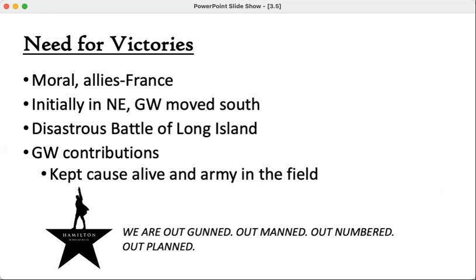He is leaving Massachusetts and heading towards New York and New Jersey. Militias will help on each local level. There's some real challenges here. And poor George Washington has to keep not only the Continental Army united, but get support from Congress itself.